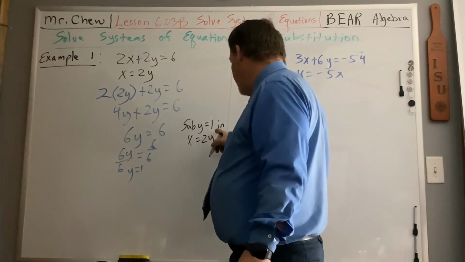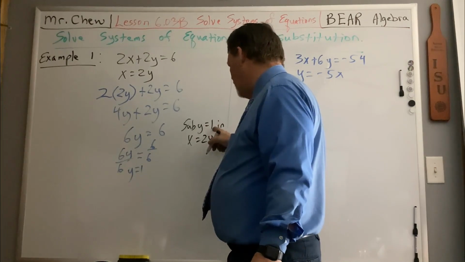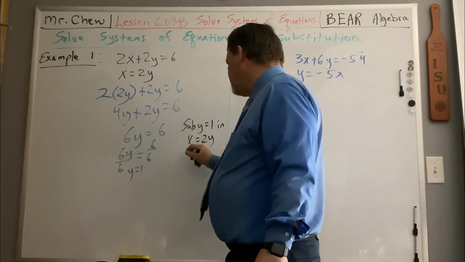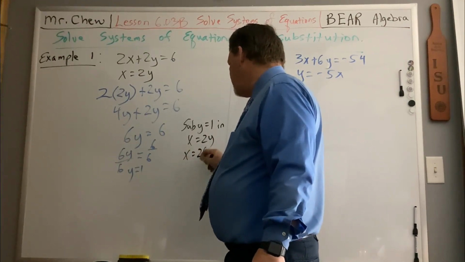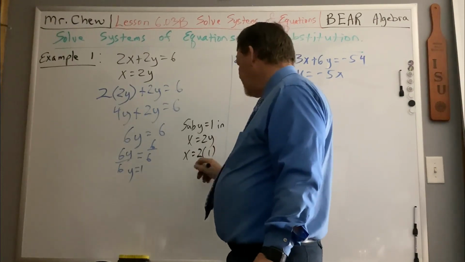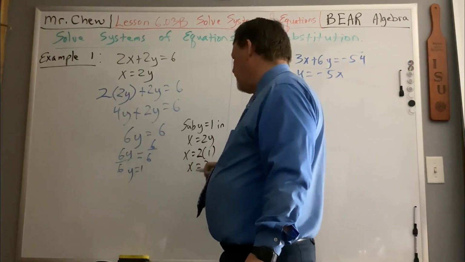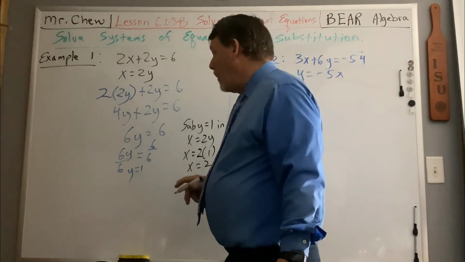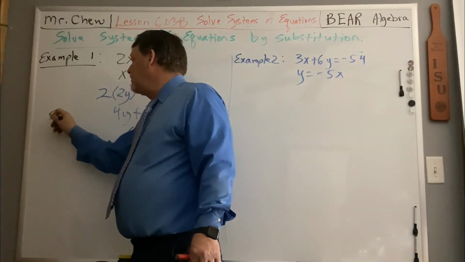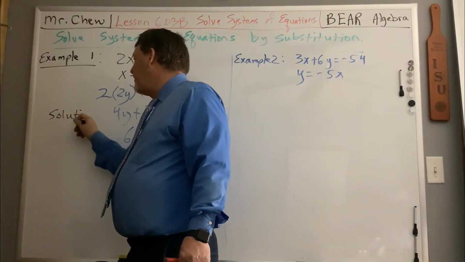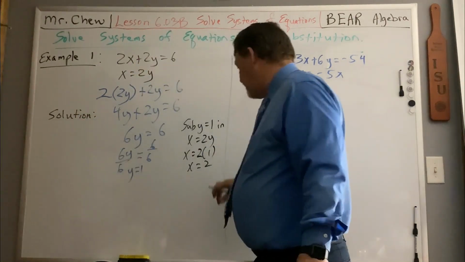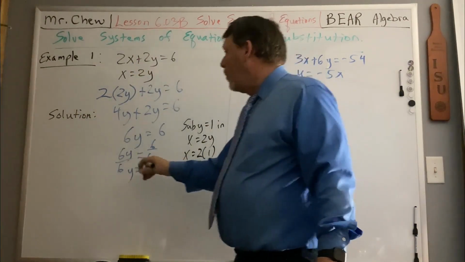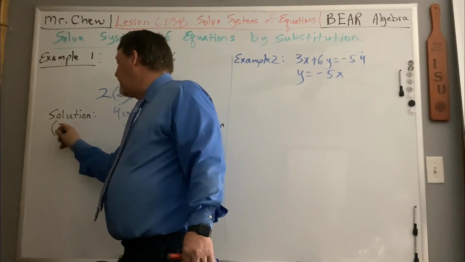So my y equals 1, not 1 inches, 1 in that equation. So x equals 2 times 1. So x equals 2. So my solution, I found the x and the y coordinates, is the point (2, 1), and you write that like this.